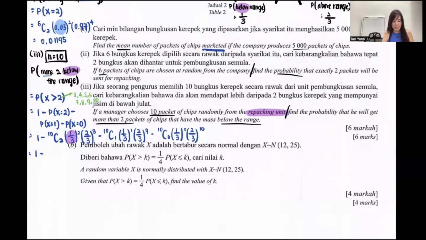1 minus 10C2, 1 over 3 squared, 2 over 3 power 8. Okay, I'm getting 0.1951 minus 10C1, 1 over 3, 2 over 3 power 9. 0.08671 minus 2 over 3 power 10.